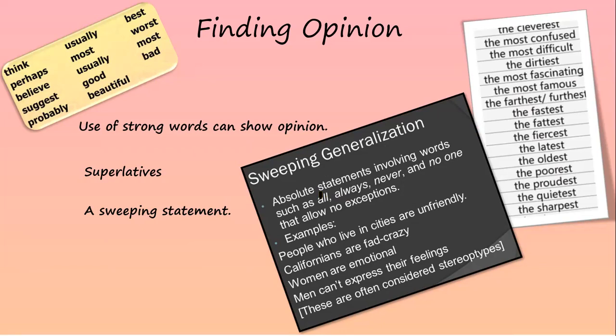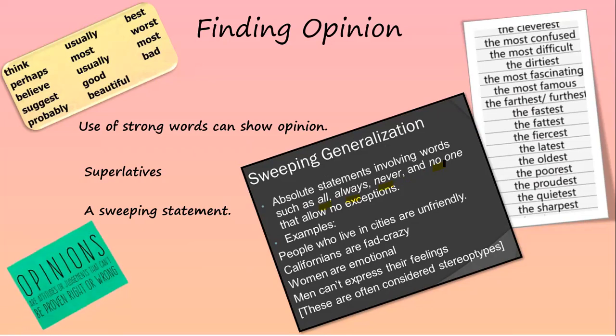And these also have some identification, like the words all, always, never, no. But actually you have to look at what sense is made by these sweeping generalizations. And again, this comes by practice. I'm sure that you now have a little grip on finding opinion, and you will keep all these points in mind when you are finding opinions. And you will only practice to make yourself perfect.